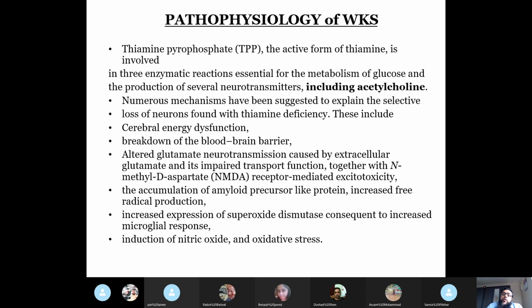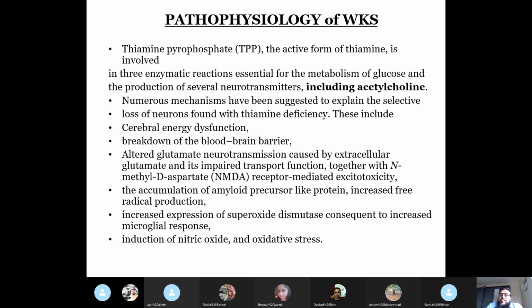So thiamine pyrophosphate, the active form of thiamine, acts as a coenzyme in three enzymatic reactions, metabolism of glucose and several other neurotransmitters, including acetylcholine. अब ये जो acetylcholine है, that is related to memory.